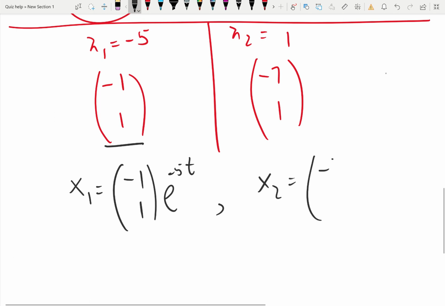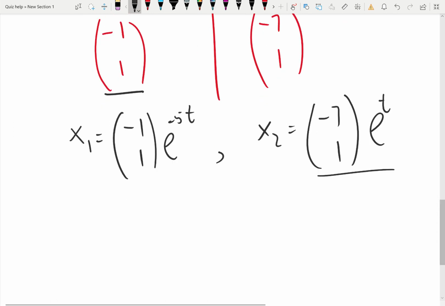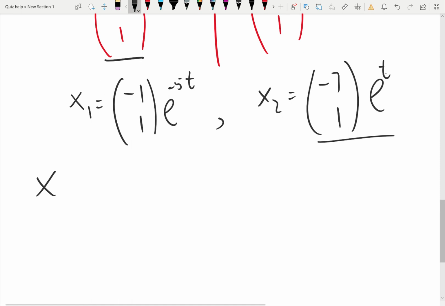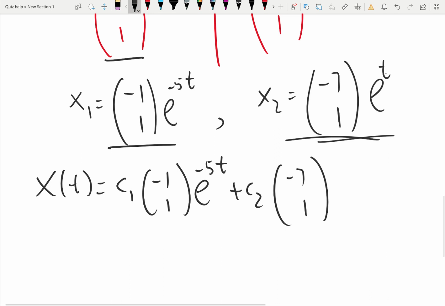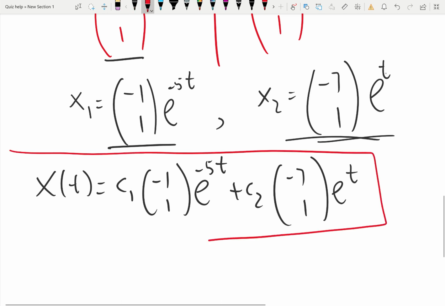X2 is [negative 7, 1] times e to the t, since lambda is 1. The general solution is the linear combination of x1 and x2: C1 [negative 1, 1] e to the negative 5t plus C2 [negative 7, 1] e to the t. This is the general solution for the system of differential equations.